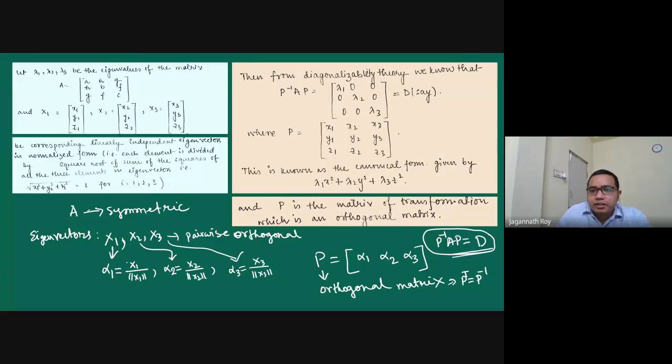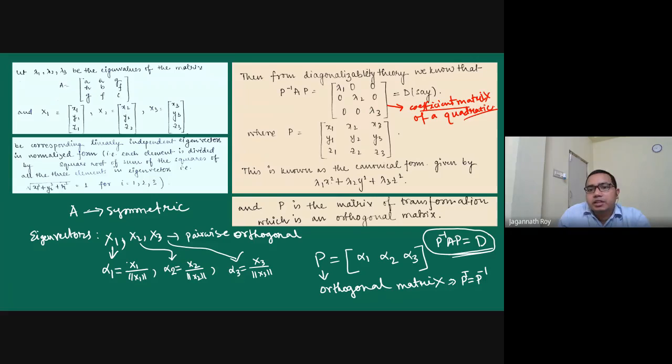And finally, suppose this is the coefficient matrix of a quadratic form. We know that from the coefficient matrix we can find the quadratic form.